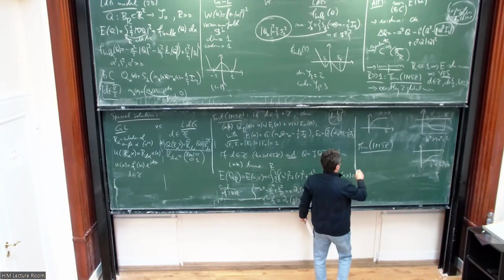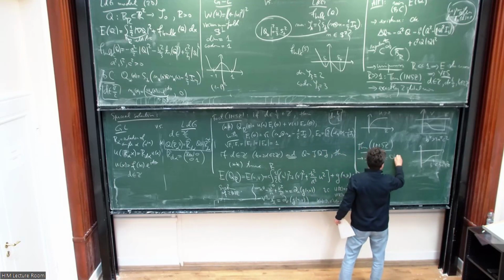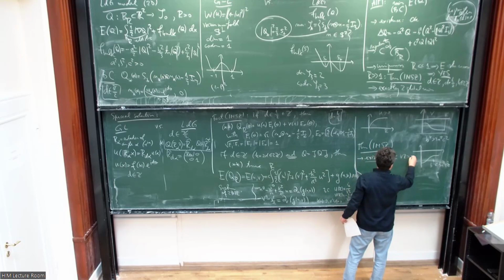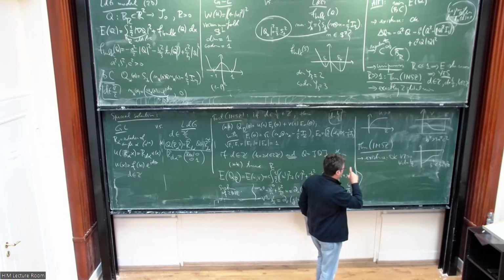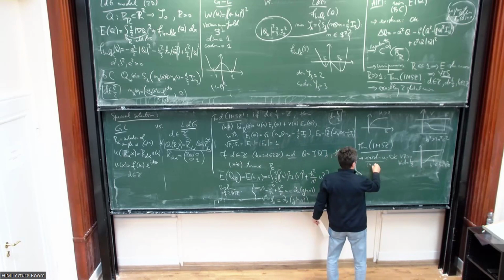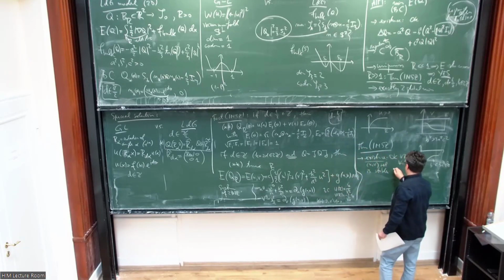So the existence theorem: for every R and for every degree, you can find a solution that is stable with respect to radial perturbations.